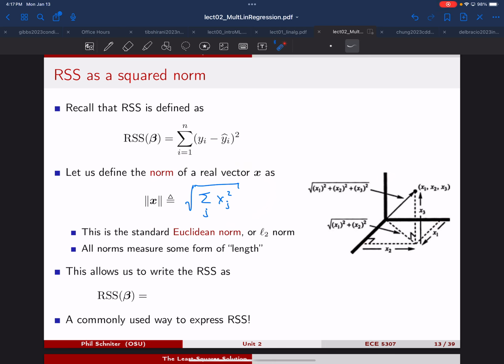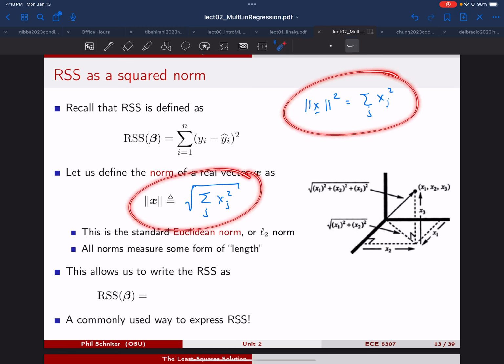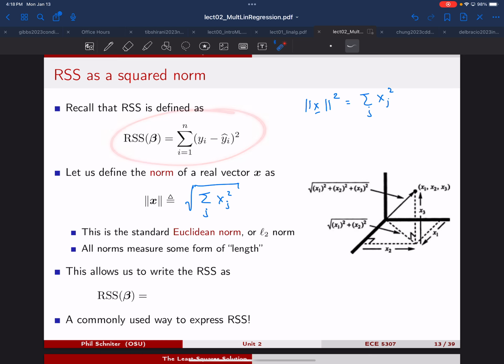And if you look at this and apply this definition, how can we write the RSS as a norm? So here's RSS. Here's the definition of a norm. Maybe I'll give you a hint: if that's the definition of a norm, then the norm squared would simply be this. So how can I, using the norm or norm squared, write this over here in terms of a vector? Let me ask this to, is Josh Wolf here?